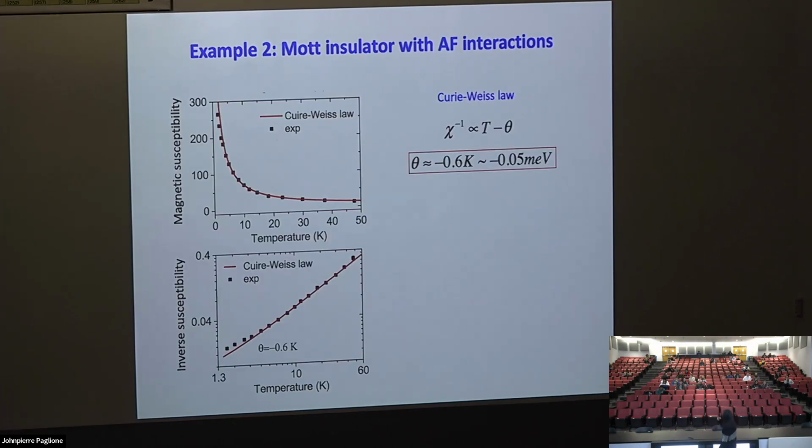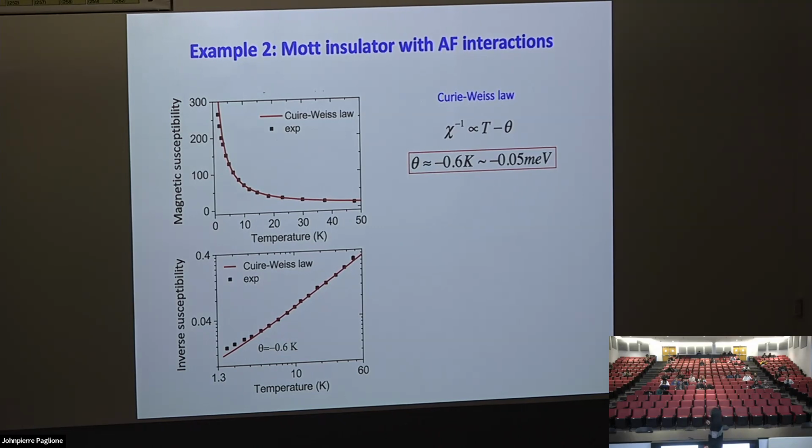Yeah, so this is the measurement for this particular case: 1 over susceptibility as a function of temperature. At high temperature, it follows the Curie-Weiss law. If you extrapolate this, the temperature is around -1 Kelvin.